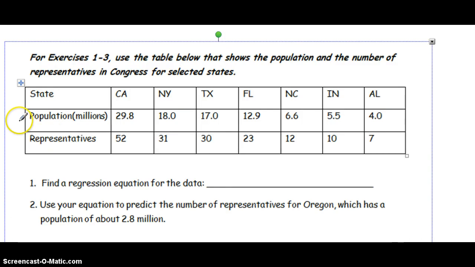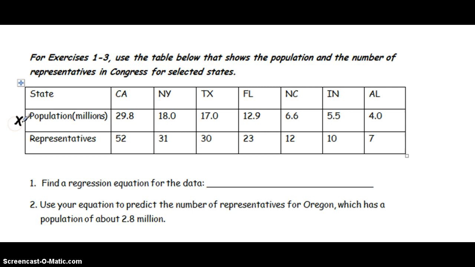And in this example, our population is the independent, so that would be our x value, and our representatives would be the dependent. It matters how big the population is, it determines the number of representatives in that state. That's how our great country was established, for thinking of our House of Representatives.